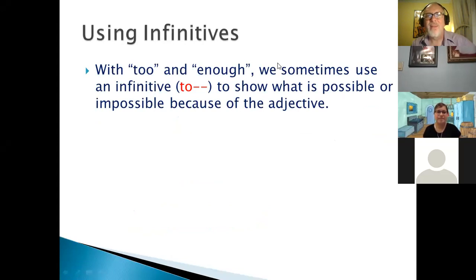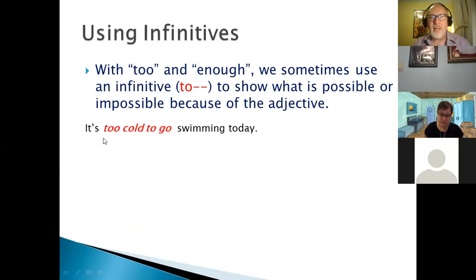We use that infinitive to show what is impossible. So, for example, not just it's too cold, but it's too cold to go swimming. We use that infinitive after too.